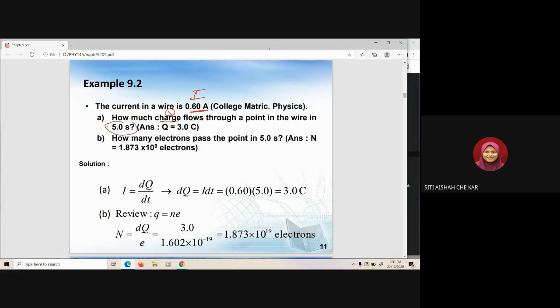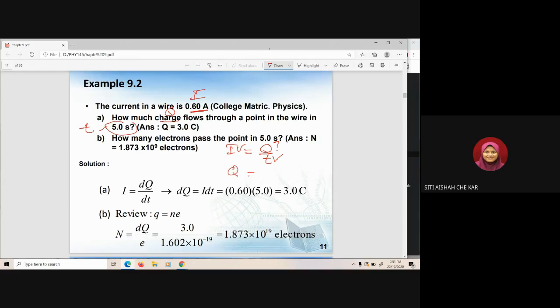So this is T. We know I equals Q over T, but here I and T are given and we want to find Q. So Q equals I times T. So 0.6 times 5, you will get 3.